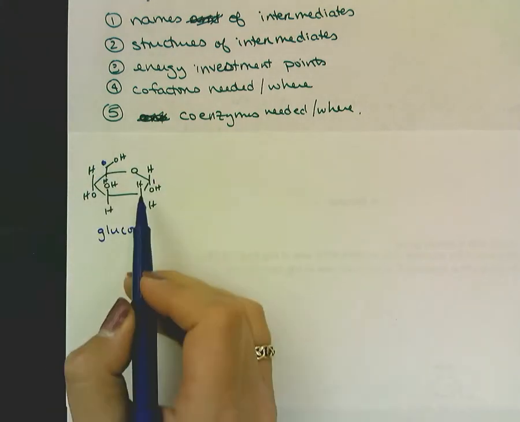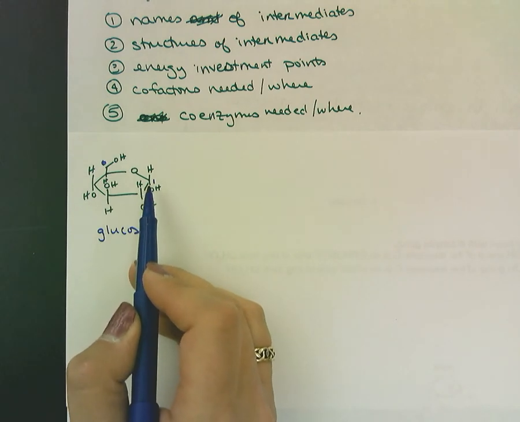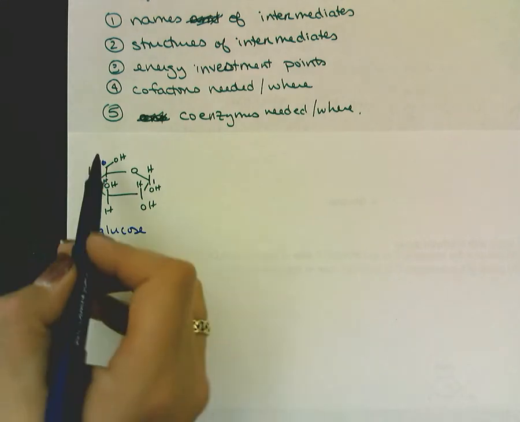So here's our carbon number 1. That's our anomeric carbon. Carbon number 6 over here.